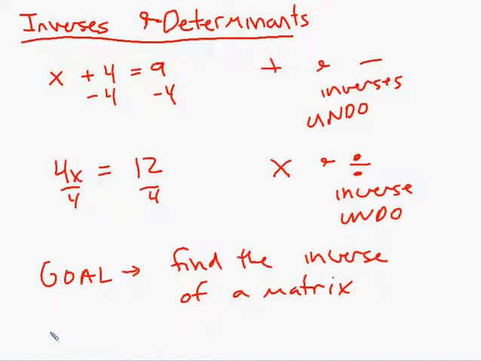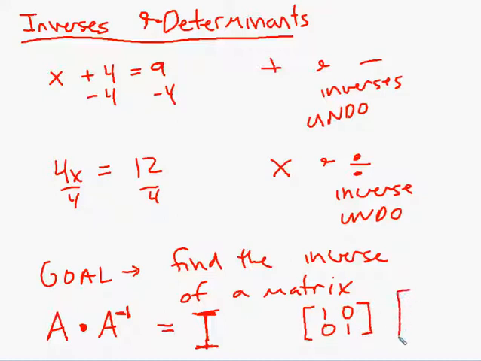Well, if I have a matrix A, and I multiply it by its inverse, and I'll signify that with a -1 right there, so that means inverse of the matrix, I want to get the identity matrix. Now that's not lowercase i, as in imaginary number, it's identity matrix, and the identity matrix looks like this. 1, 0, 0, 1.